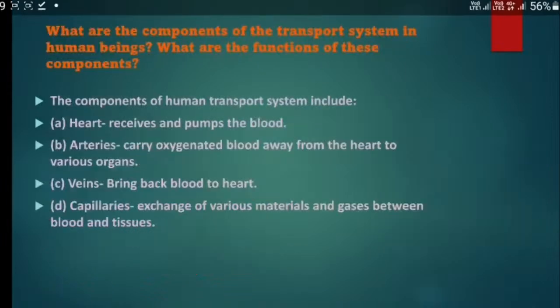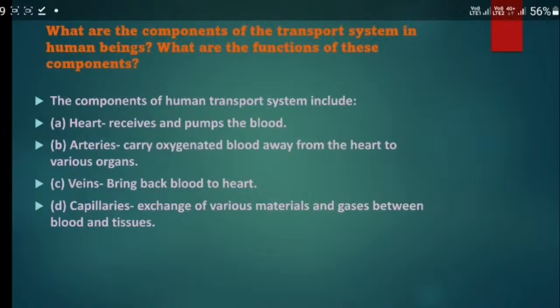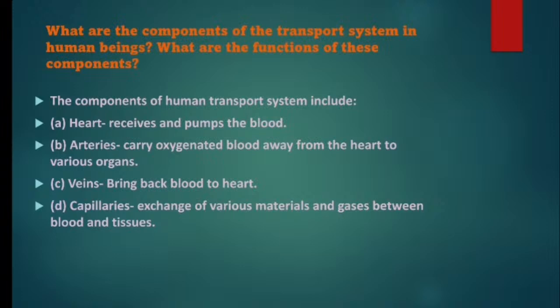Okay. Now, what are the components of the transport system in human beings? What are the functions of these components? Just now we studied the components of the transport system in plants, and now we are studying the transport system in human beings. The components of the human system are the heart, which receives and pumps the blood. You have the arteries.